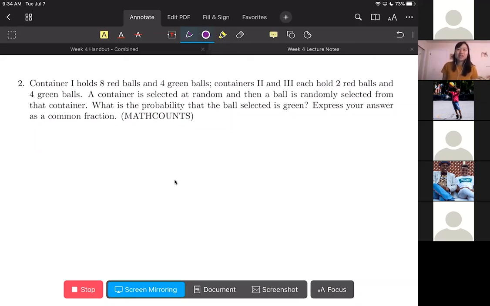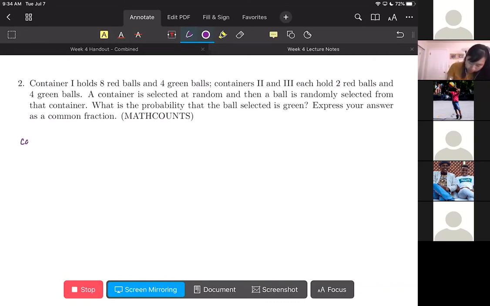So what are the cases for this problem? I think we should put them into containers. Can you explain? So you could make container 1 the first case, container 2 the second, and container 3 the third.